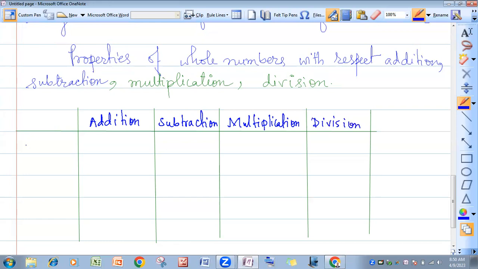And here we are writing whole numbers. So if you add two whole numbers, it is again a whole number. So this is satisfied, the closure property, and in this place, here we will write whole number.